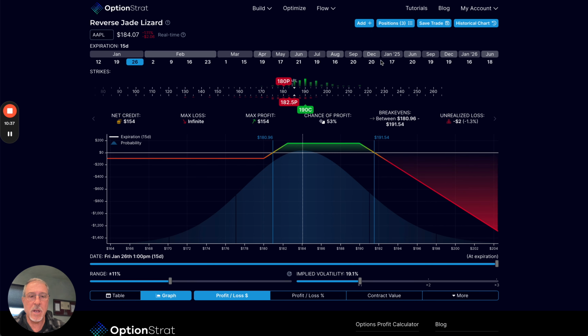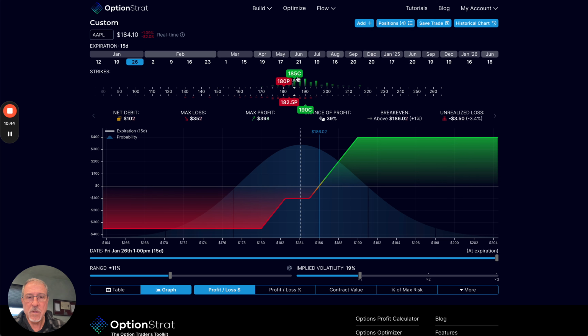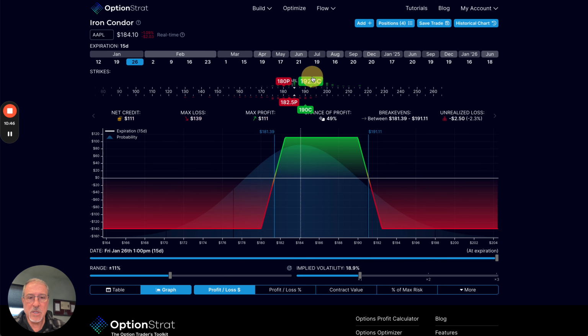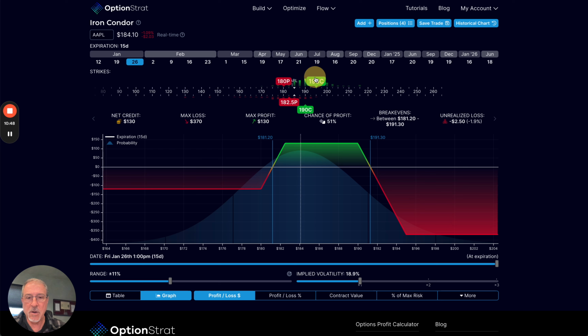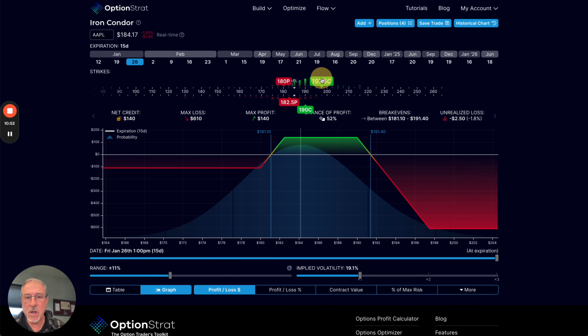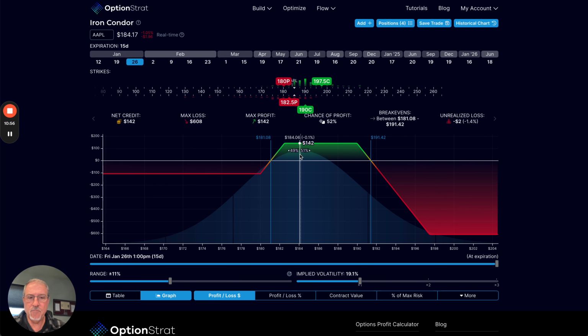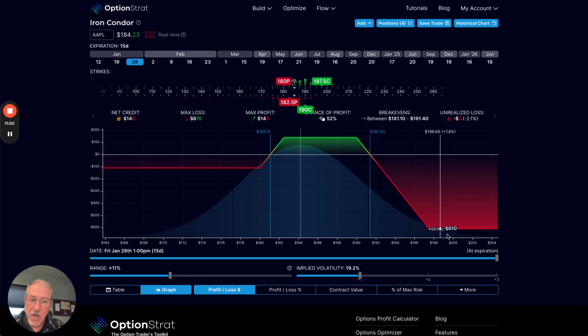I'm going to just say 190, and maybe I buy a call above that to essentially turn this thing into some form of a condor. And I can have this condor with a broken wing or a skewed condor to where now I only have $100 in downside risk. In exchange, of course, I've taken on a lot of upside risk.